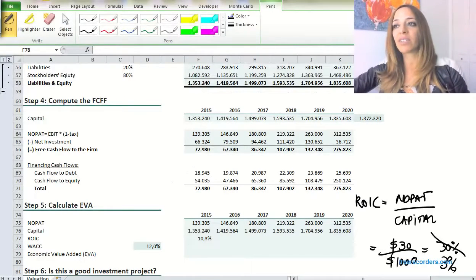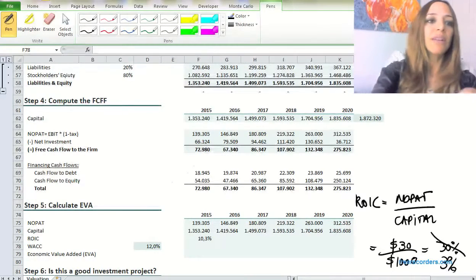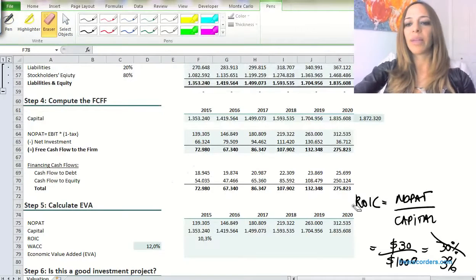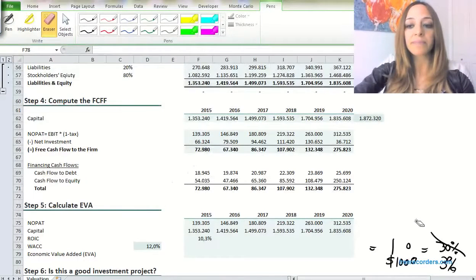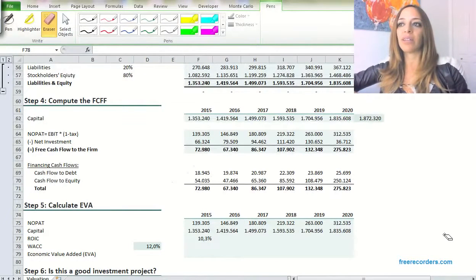Not very interesting. The same as we could obtain with a, let's say, a T-bill or a bond. So NOPAT compared to the amount of capital will give us an idea of the return that this business is generating.